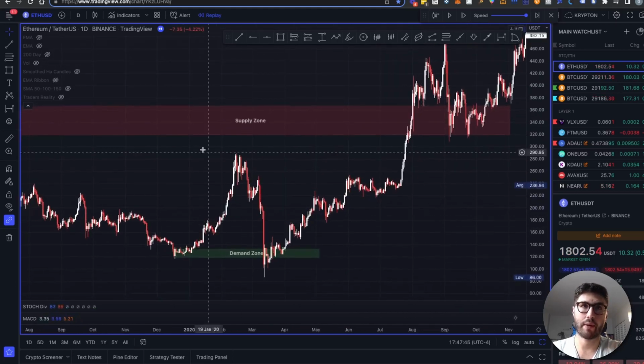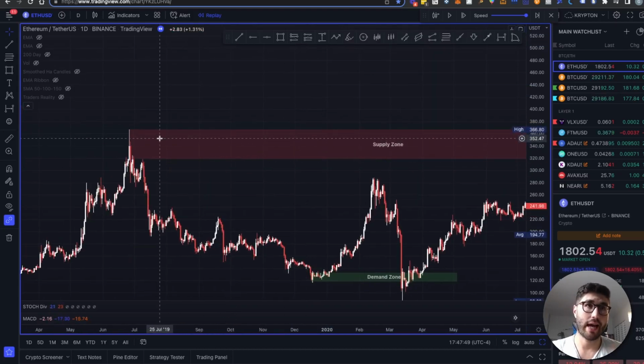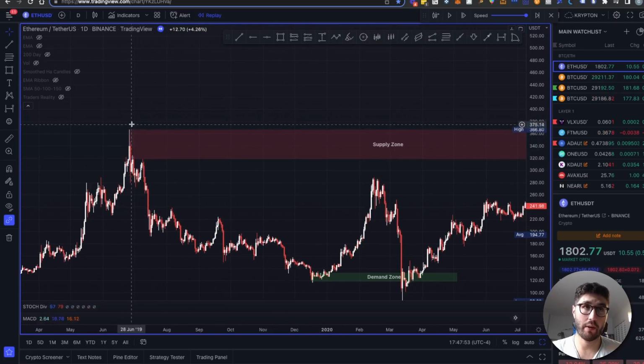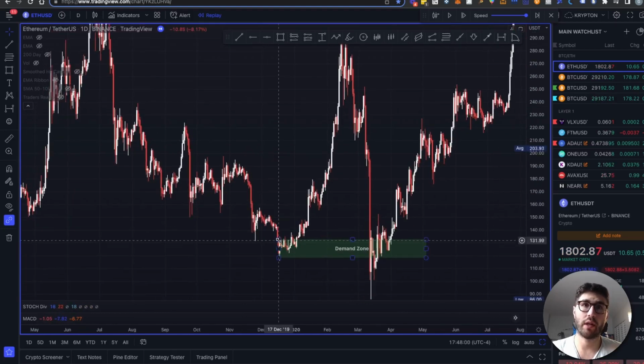So just to recap again, a supply zone is the last bullish candle before the drop, from the open to the high wick before the drop, and the demand zone is the open of the last bearish candle until the wick.